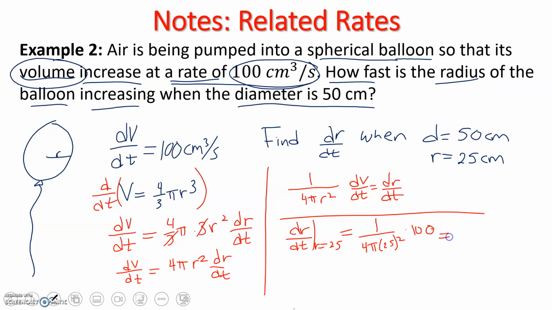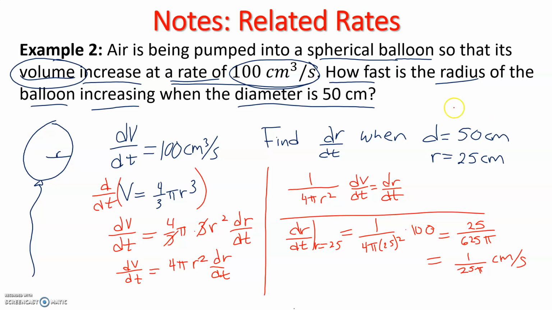So this is 100 divided by 4, which is 25, over 25 squared, which is 625, pi. 25 goes into 625 25 times. So that is 1 over 25 pi, and this is centimeters per second.